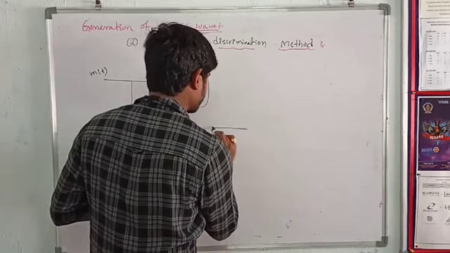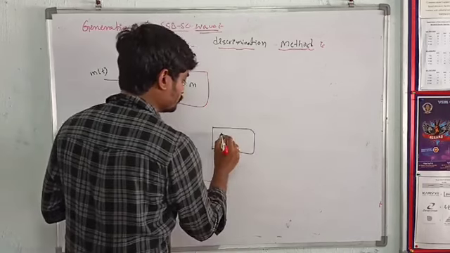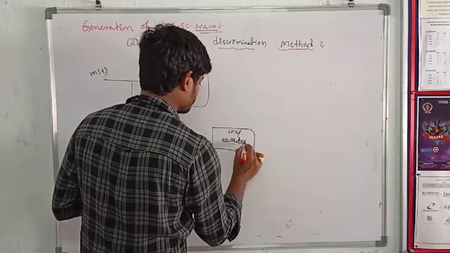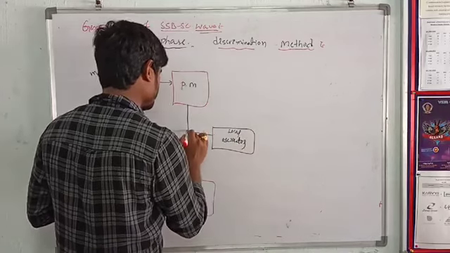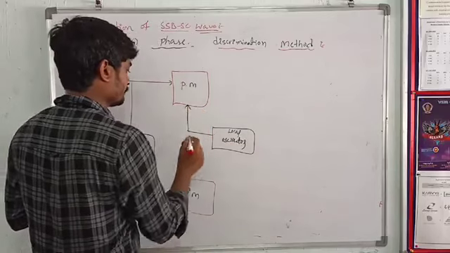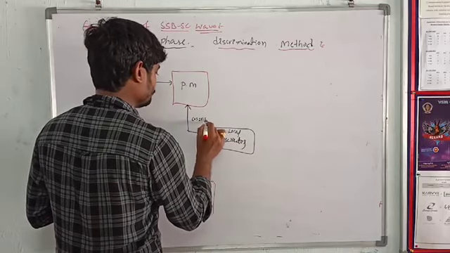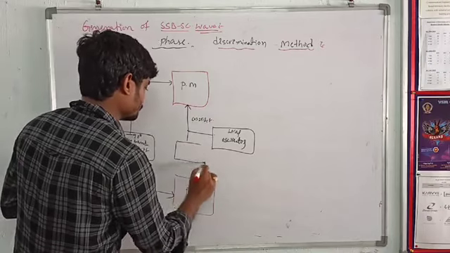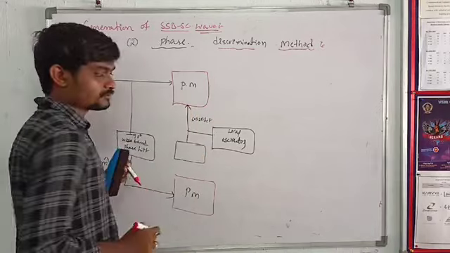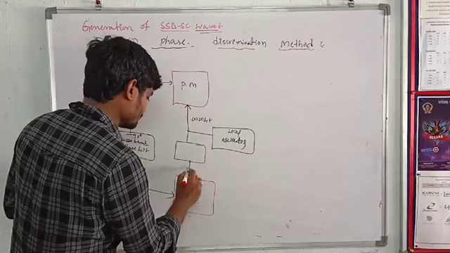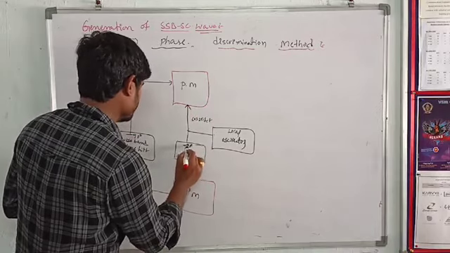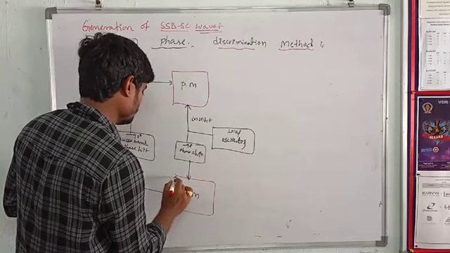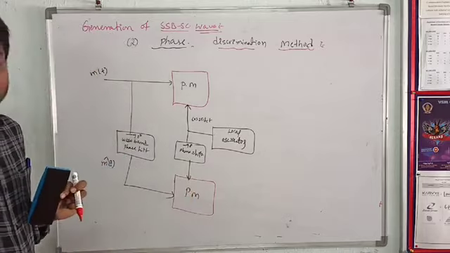Next we generate the carrier signal. We can use a local oscillator. We send cos 2 pi fc t in phase to the first modulator, and out of phase, through a 90 degree phase shift, to the second modulator.